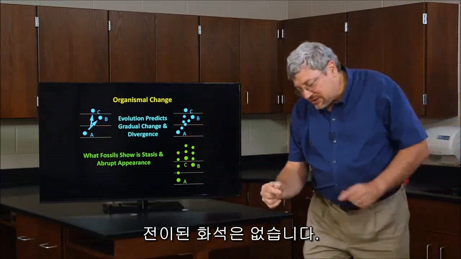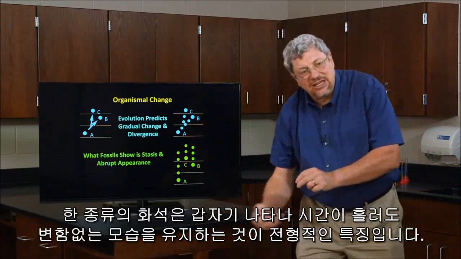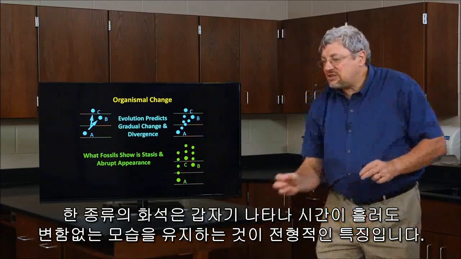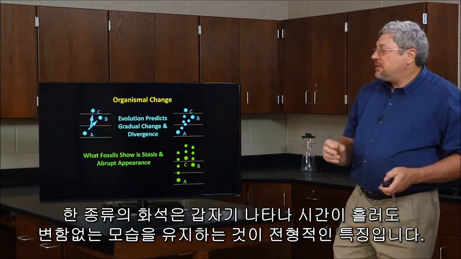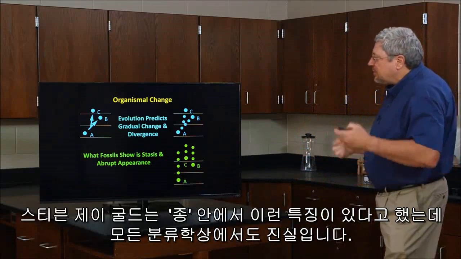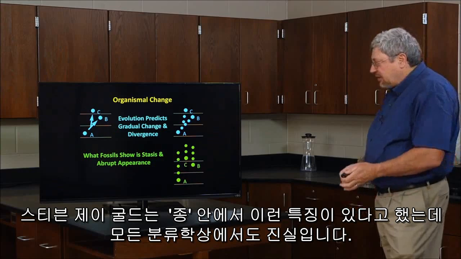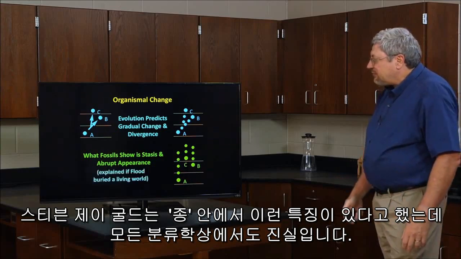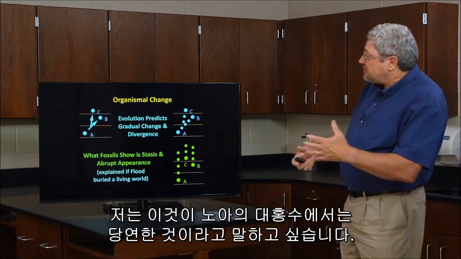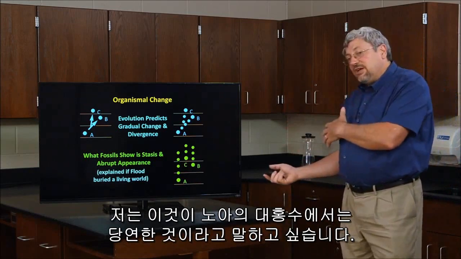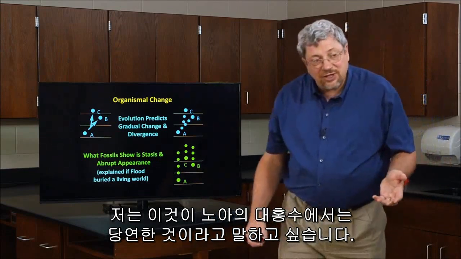And when you first find the species, there's no transition evident in the fossils from any other species. So it's sudden appearance and then stasis through time. And it's not just true of species, as Stephen Jay Gould argued. It's actually also true of every taxonomic level. Now, I would say this is certainly not something predicted by evolutionary theory, but it is expected with a flood.